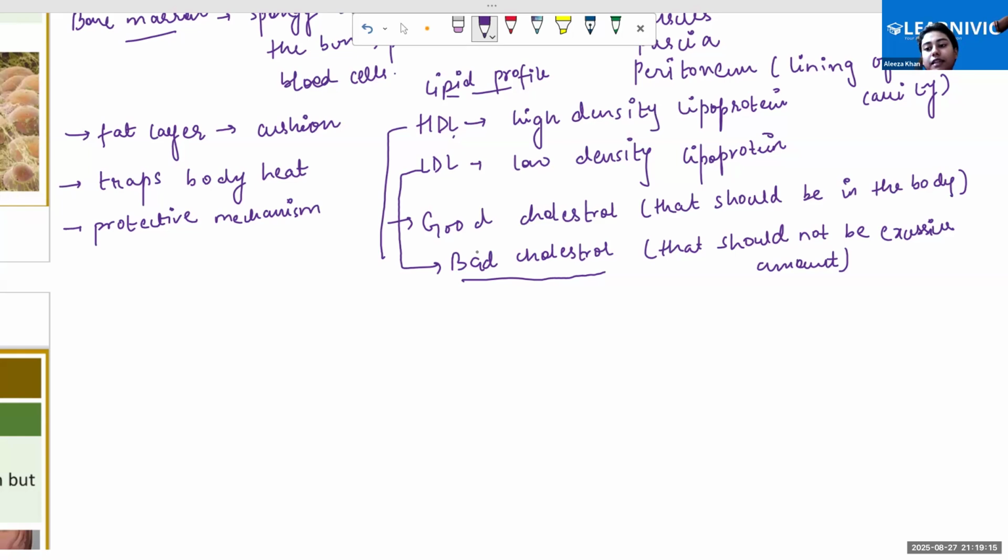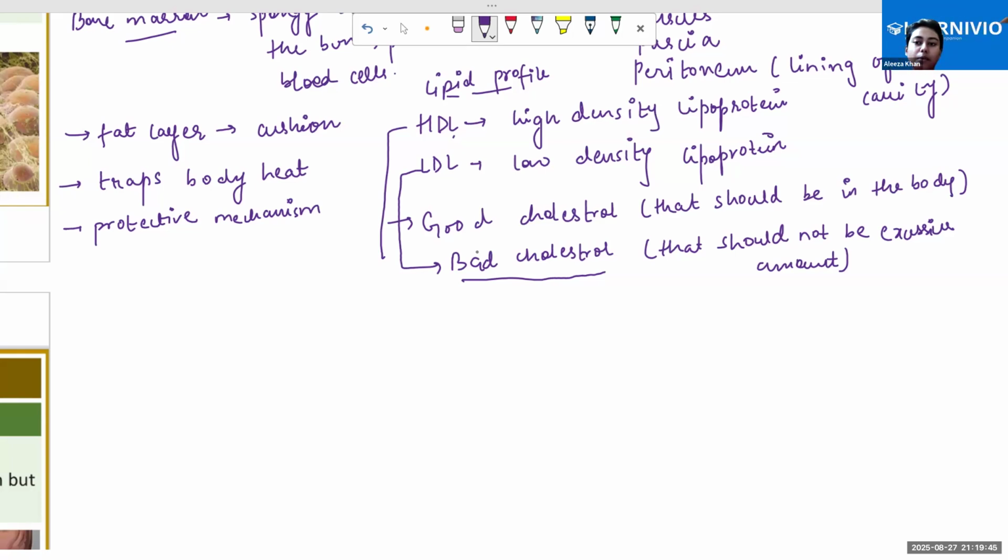That's why it is always advisable for a patient having high LDL to do exercises and lifestyle modifications. Why? Because once a clot has formed in the body, it is not only a clot of blood but also of other material. It is in the form of atherosclerosis, a plaque, a deposition.